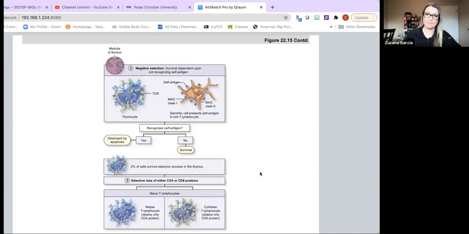The next phase happens at the border of the cortex and medulla of each lobule. What happens in the next phase is we're going to see if those T lymphocytes that passed the first selection are really for real, or if they're just matching and binding to everything out there. Because if they're binding to everything, you don't want them, because that would mean they're binding your self antigens.